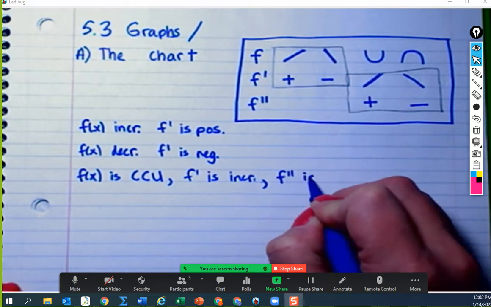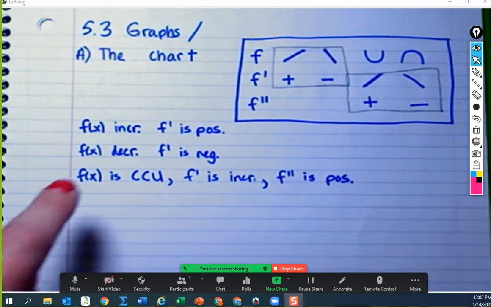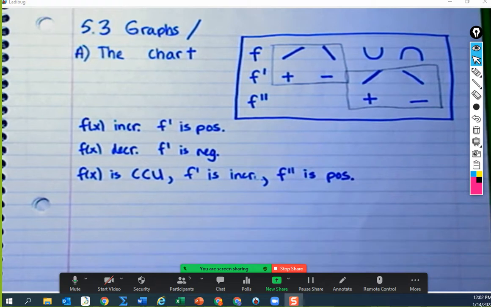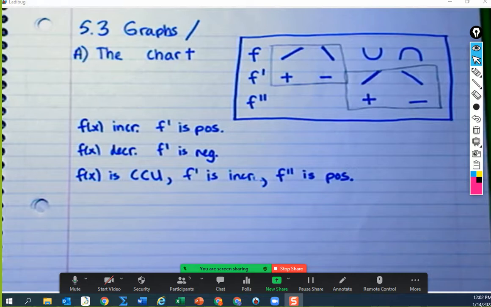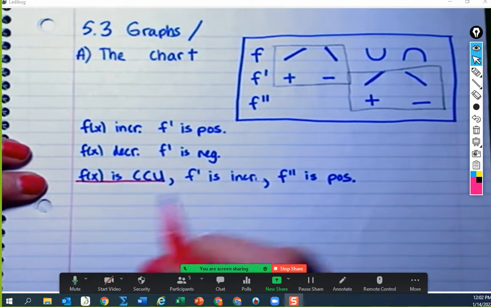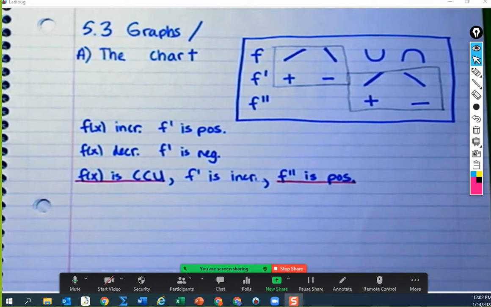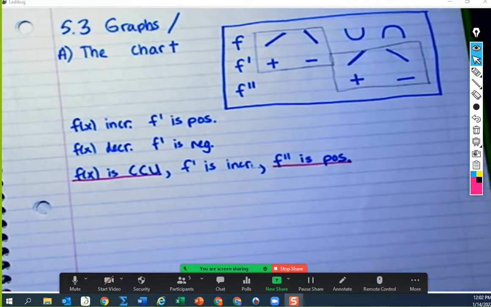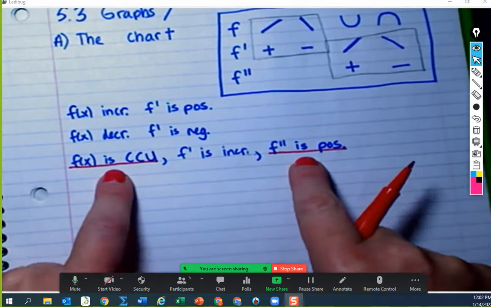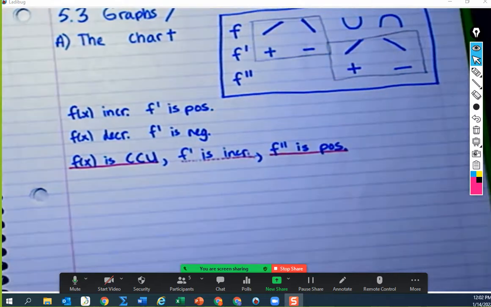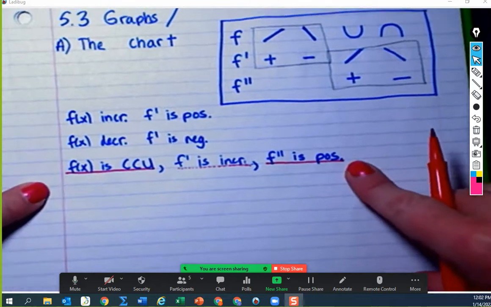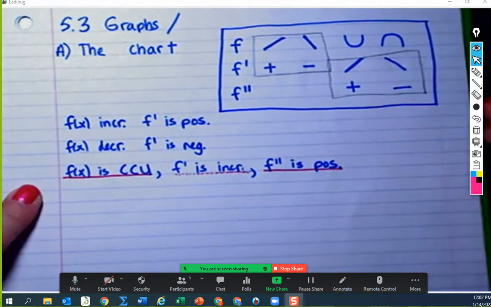Double prime is positive. All 3 of those things are connected. Usually, we just connect this part. Usually we say f of x is concave up, double prime is positive. Okay, usually we just say this, but now we've got this extra F prime sentence in the middle here that is connected to that. Because the chart helps me connect all three of these pieces.